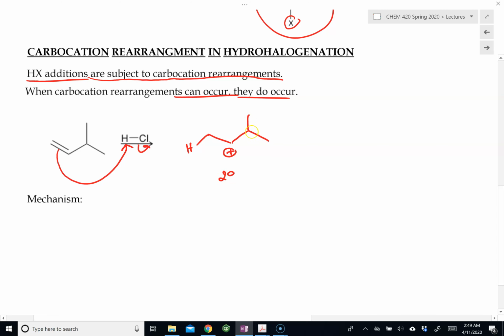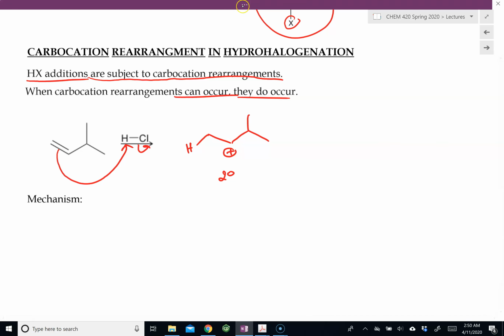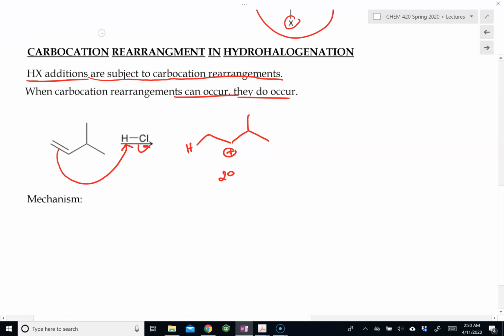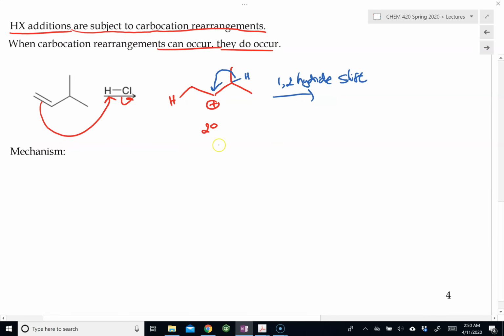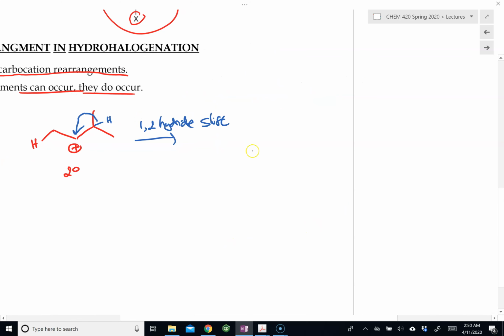In this case, it is possible for us to rearrange this carbocation to produce a more stable one. It will undergo a 1,2 hydride shift, where the hydride comes in to attack this. And now the product that we would be producing would be as follows.